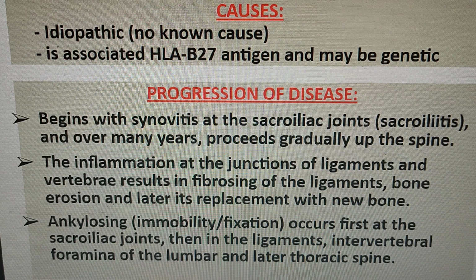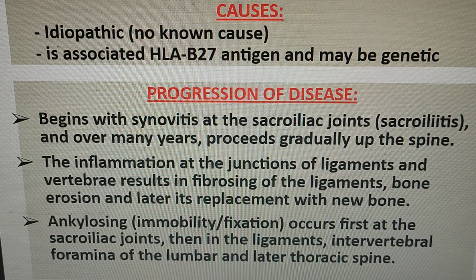So from the sacrum, then it proceeds going up to the upper spine, okay, to the thoracic spine, where the rib cage is, where the shoulder vertebrae is, okay. The inflammation at the junctions of ligaments and vertebrae results in fibrosing of the ligaments. Fibrosing is hardening, okay? Bone erosion, and later its replacement with new bone. So that's what happens.